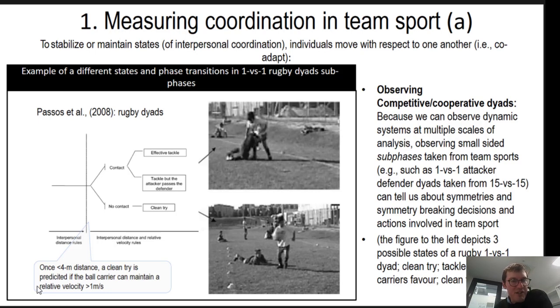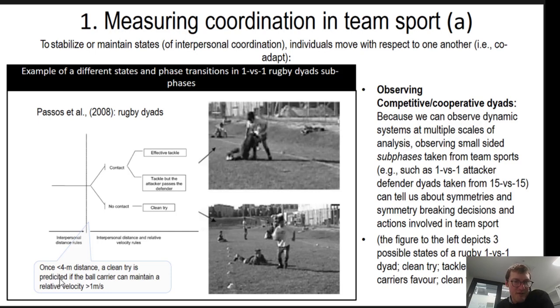And what they showed is that, look, if you wanted to make an effective try or a clean try, there were certain rules that if you were able to follow, you'd have a much higher chance of scoring a try.